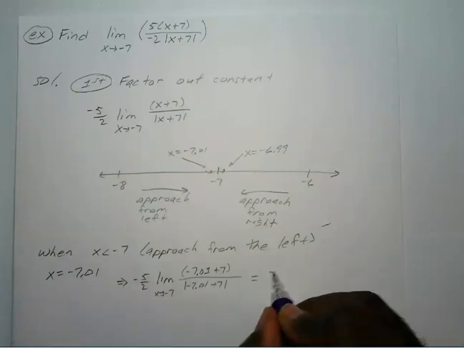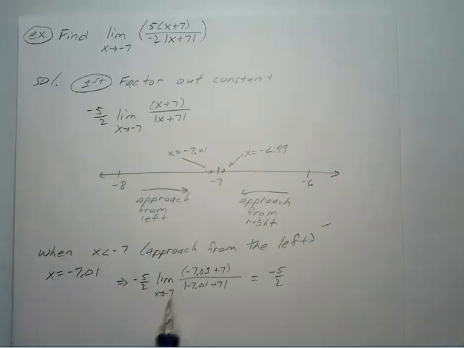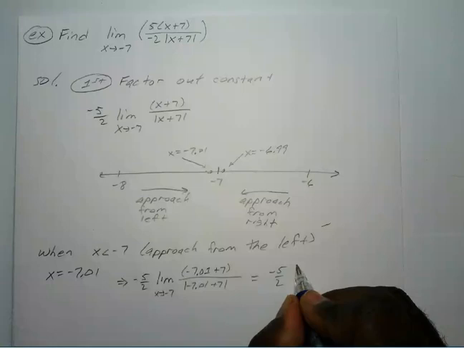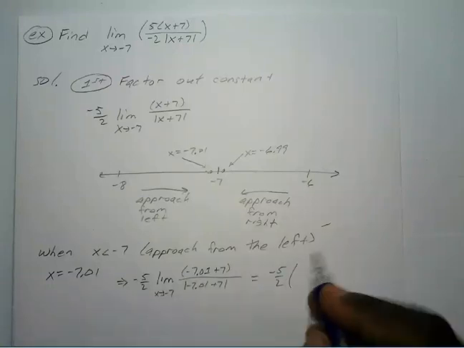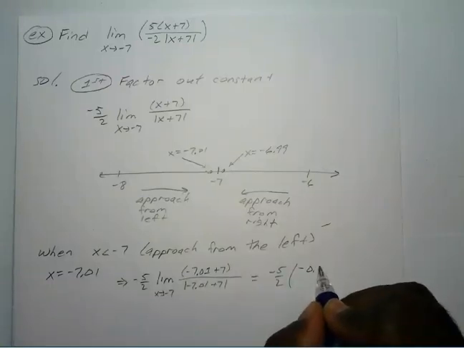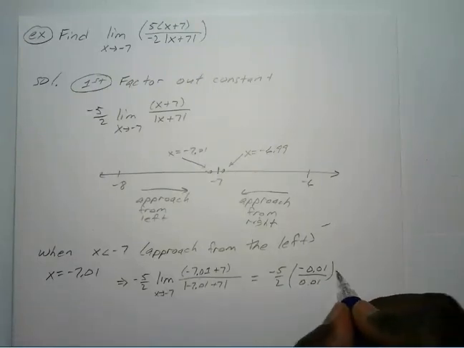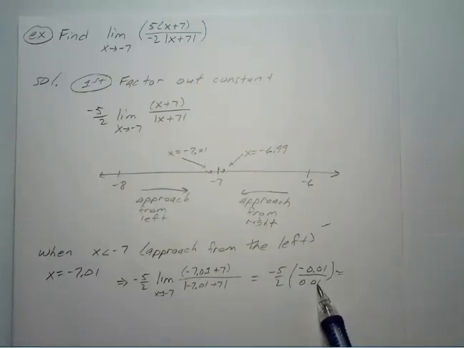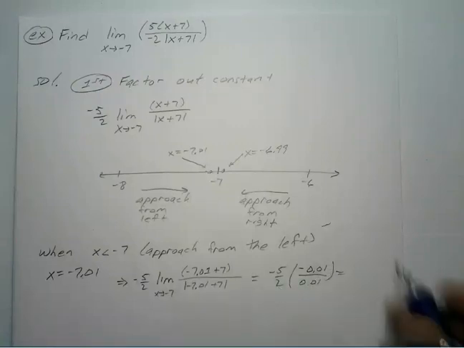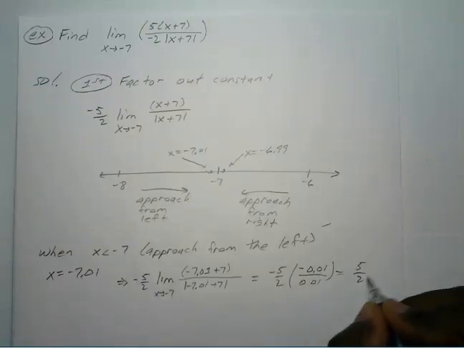That's actually going to be negative 5 over 2, and since we plugged in the value for x, the limit of a constant is just going to be a constant. So that's going to be negative 0.01 over 0.01, which anything divided by itself is just going to be that value. And that negative means it's going to be negative 1. So you have negative 5 over 2 times negative 1, which is positive 5 over 2.